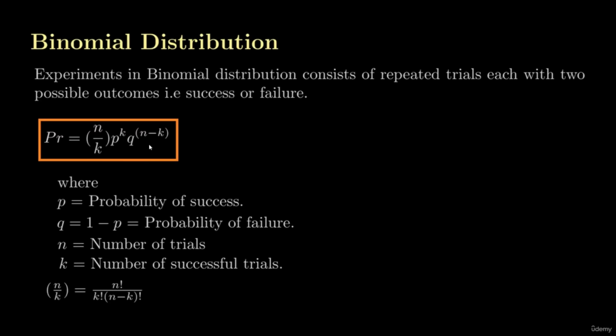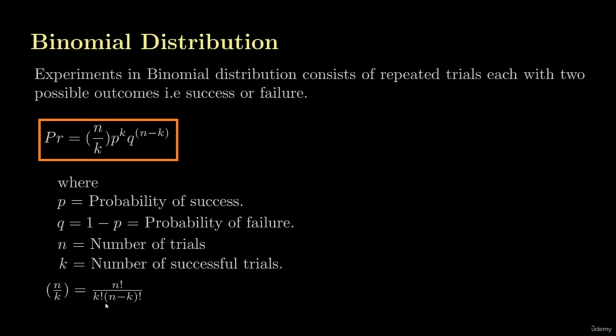And similarly, if a die is fair, then the probability of getting an even number and the probability of not getting an even number are also the same. So this is the equation which we will use to find the probability of an event using binomial distribution, especially for those experiments where we have two possible outcomes, that is success and failure.